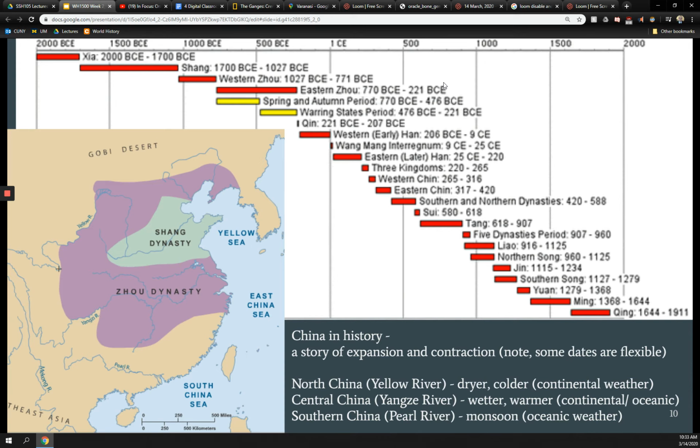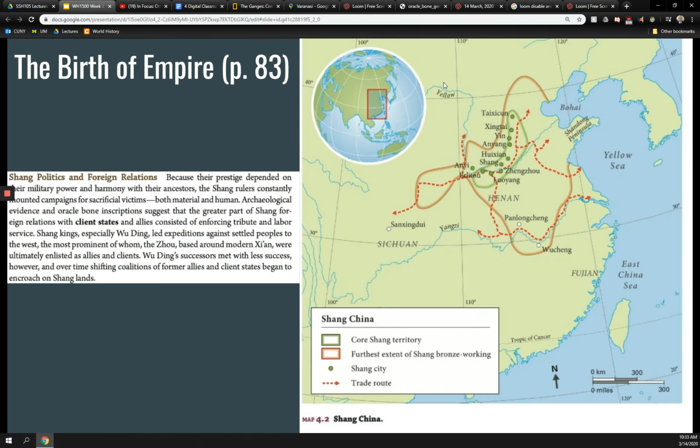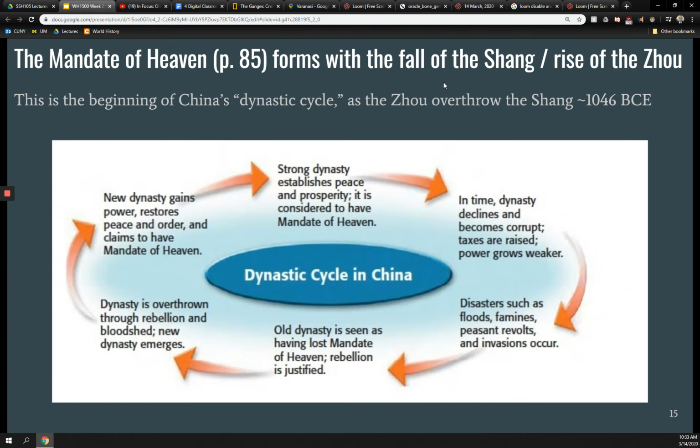This is a very important idea for understanding ancient, pre-modern and early modern China, really, because this is something that exists until the Maoist revolution, so well into the modern period. It shows up on page 85 of our textbook, and it is the beginning of what is known as the dynastic cycle in China.